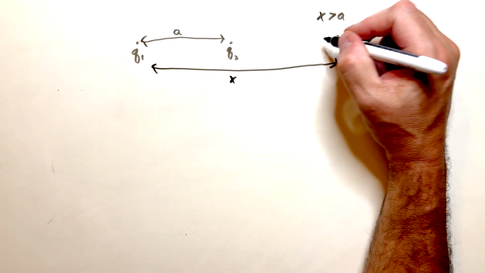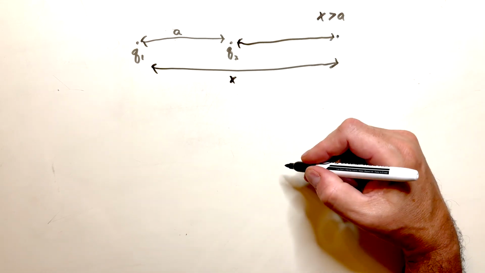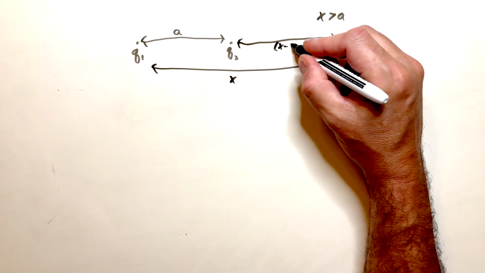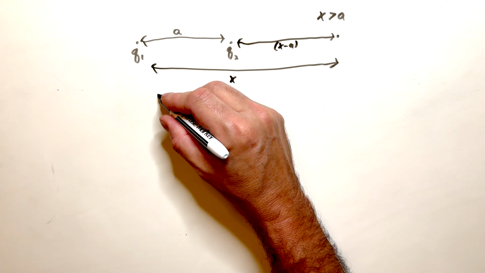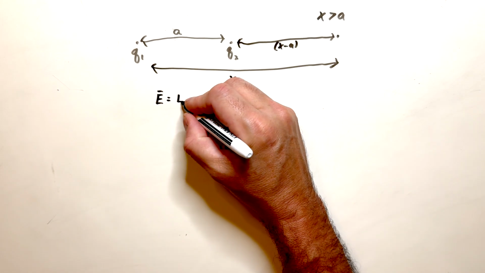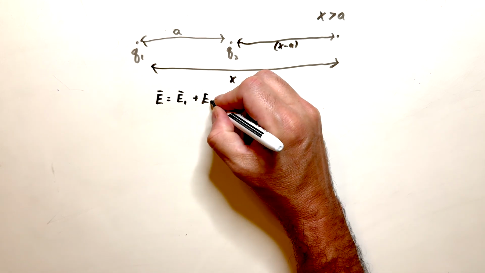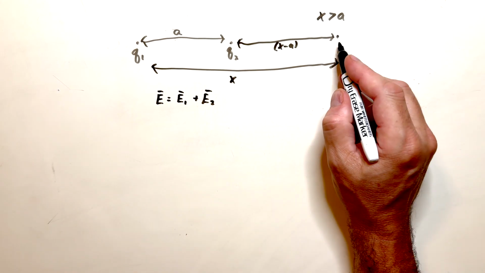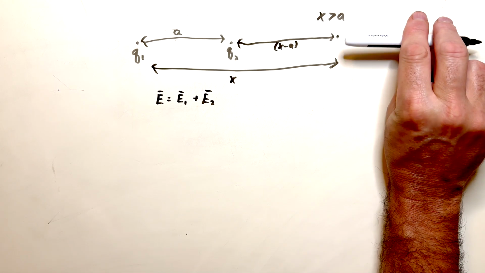The distance to charge 2, however, from the test charge is the distance x minus A. So this is x minus A away. This is x away. So what's the electric field? The electric field is E1, the electric field due to charge 1, plus the electric field due to charge 2. Notice that they're both pushing to the right, so in the positive direction.